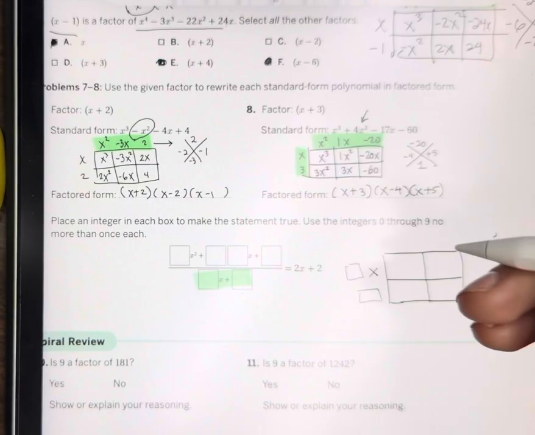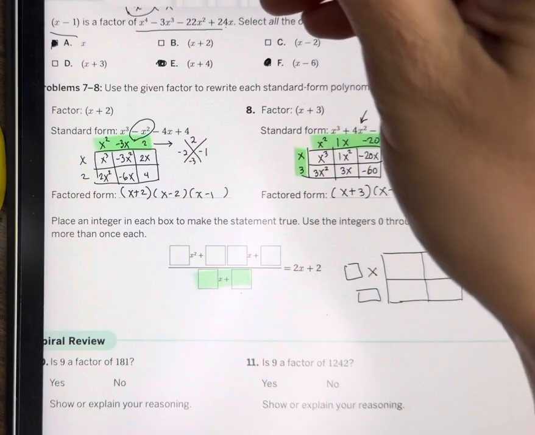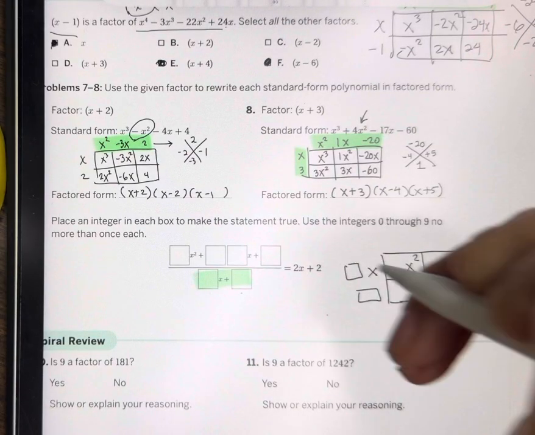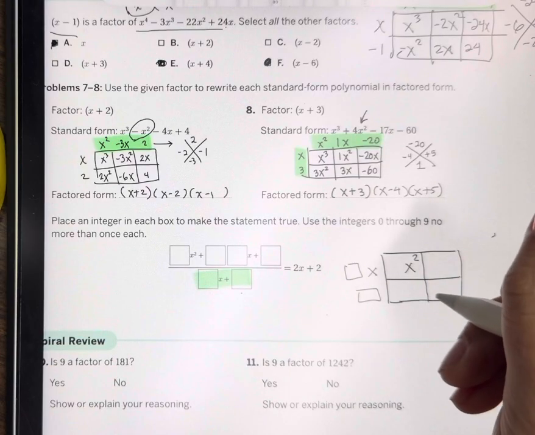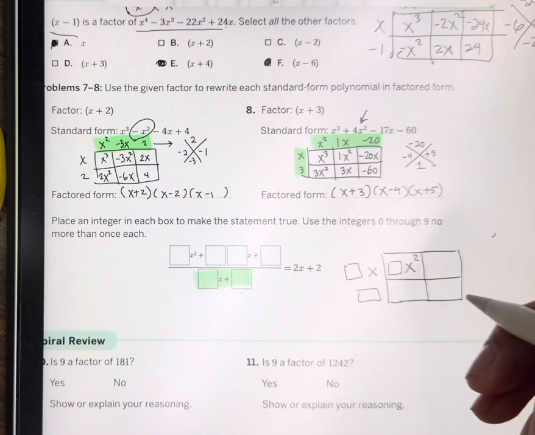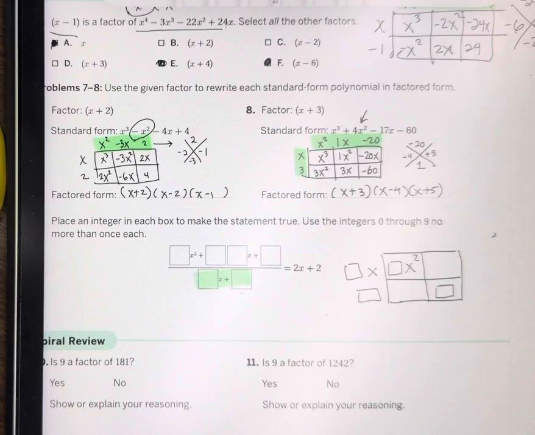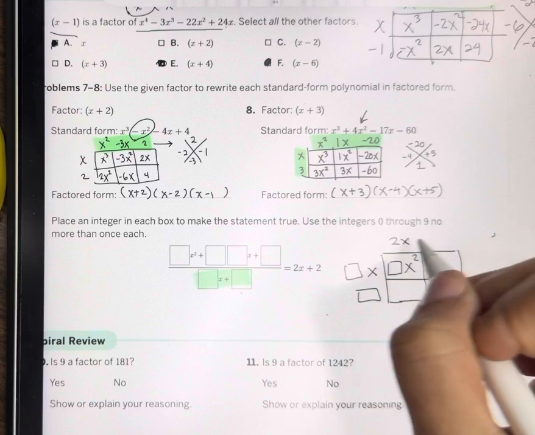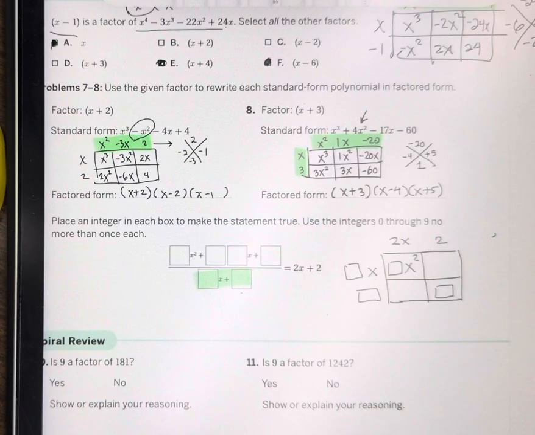So I want to get something x plus something right here is unknown. This is unknown, and this is unknown. And then when I do this division, I need to end up with 2x plus 2 as the answer. And remember, the answer ends up at the top. Okay, we can do this.